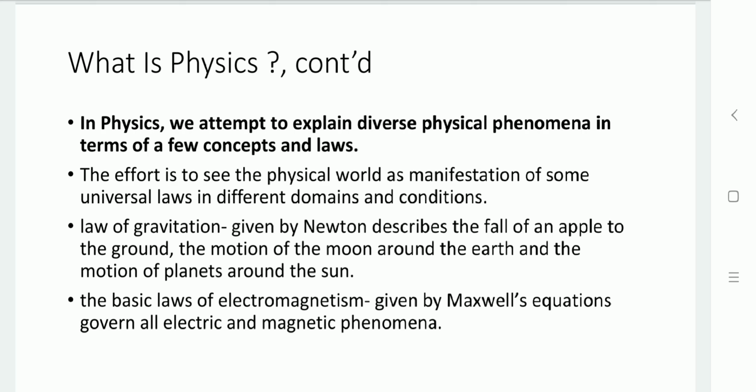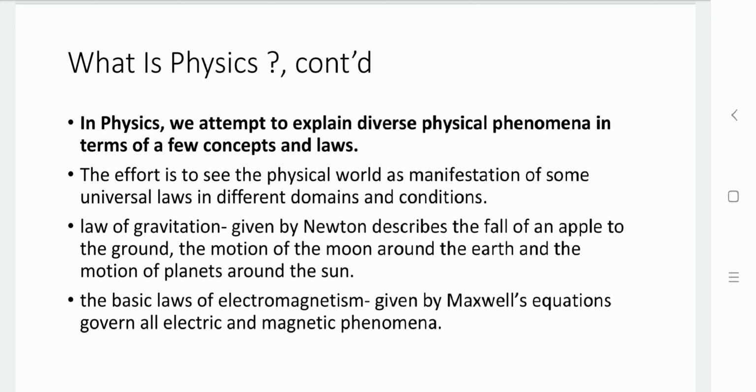That is due to the centripetal force, and this centripetal force exists due to gravitation. From a certain height, when we drop any object, free fall occurs, and this object moves towards the ground. Another basic law is electromagnetism.